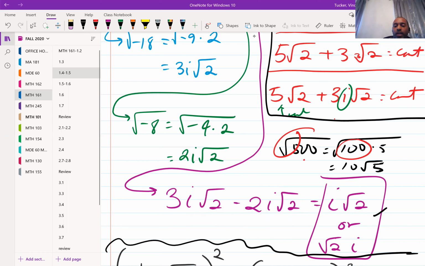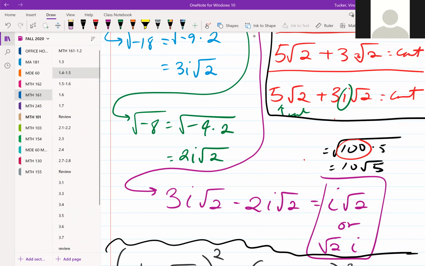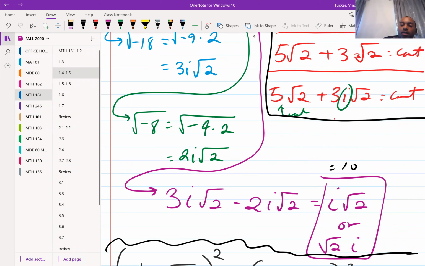So you can write that one of these two ways over here: i square root of 2, or square root of 2i. Just make sure that you don't extend this radical over the i. That would be considered incorrect. So both of those answers will be okay, like on the test? Yes.